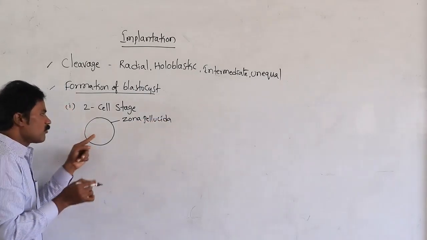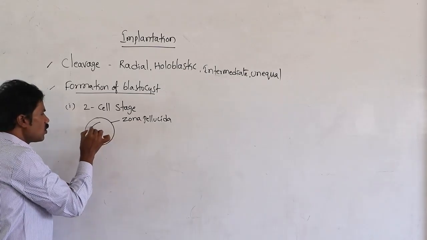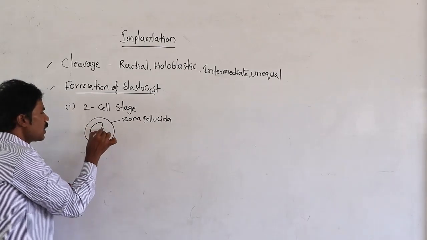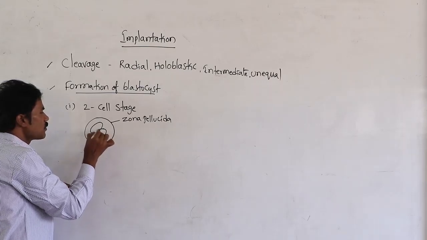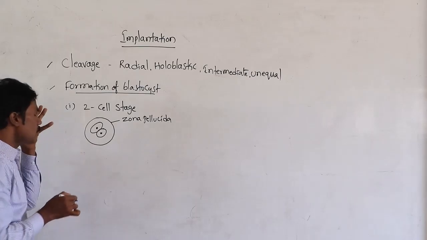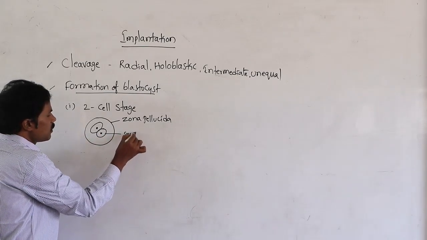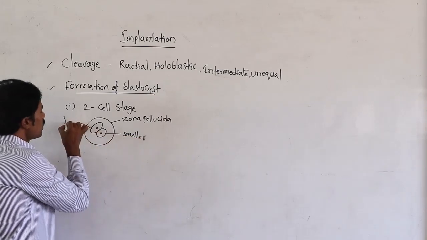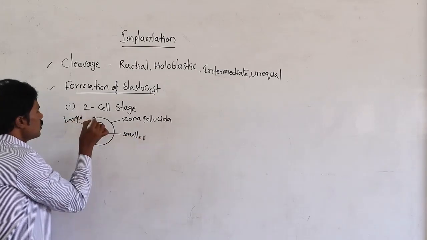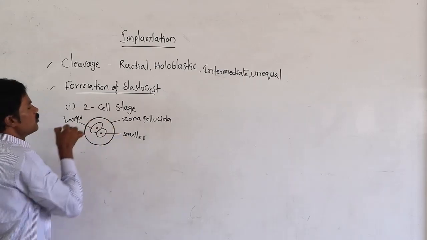Then the nuclei present are unequal. One is larger, another one is smaller. So one is the larger cell, another one is the smaller cell. This is the smaller, this is the larger. The outer layer is the zona pellucida.